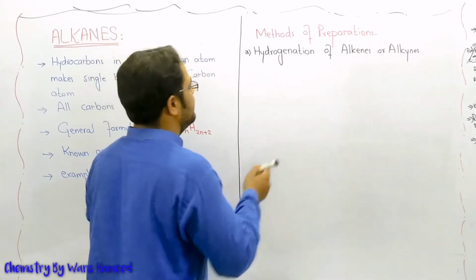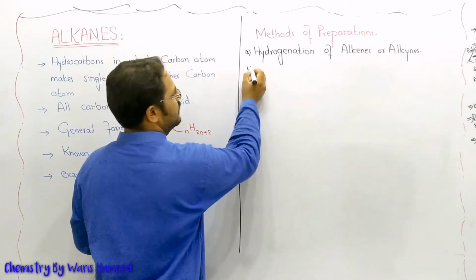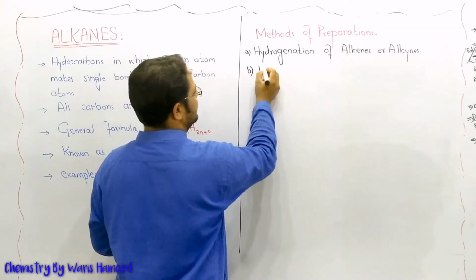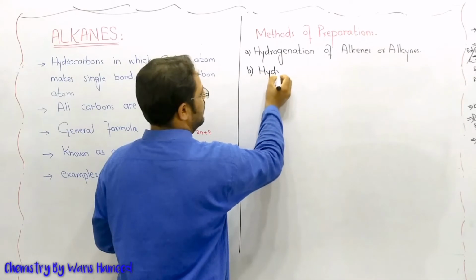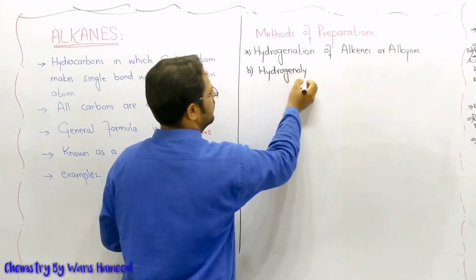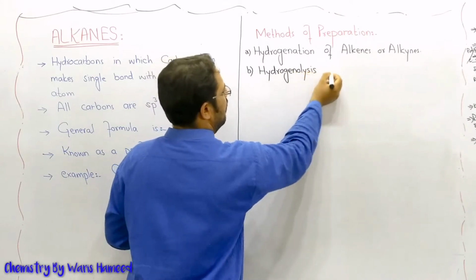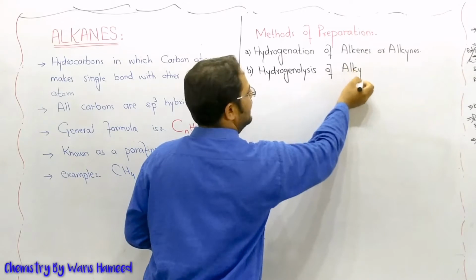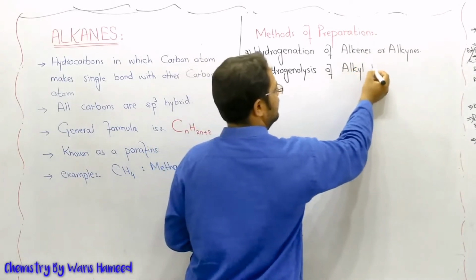The next method is hydrogenolysis of alkyl halide.